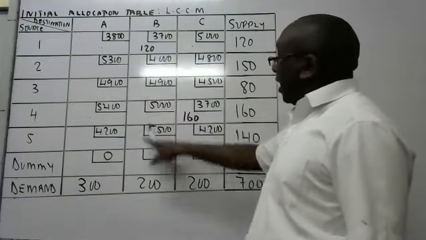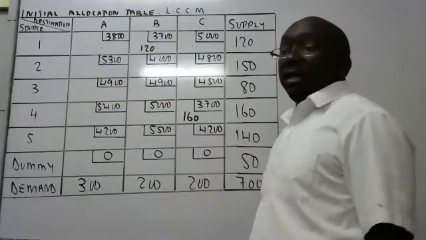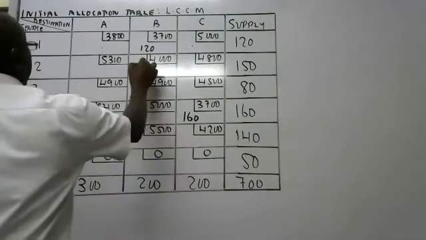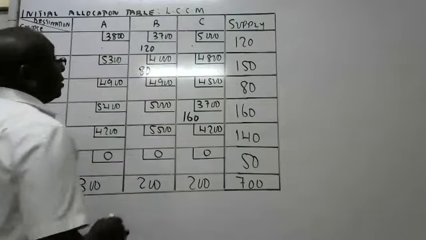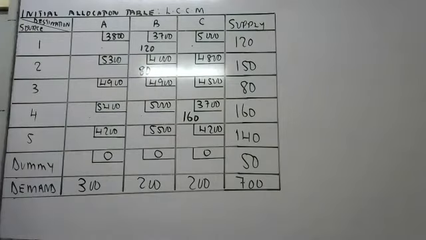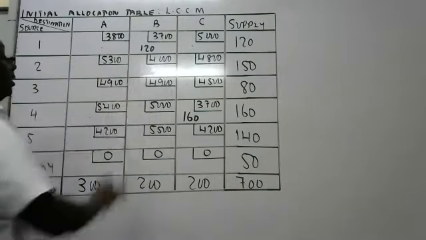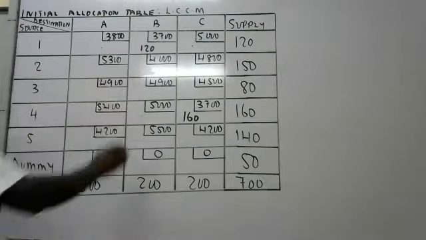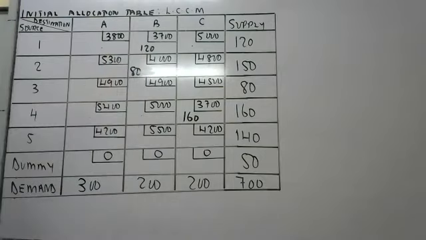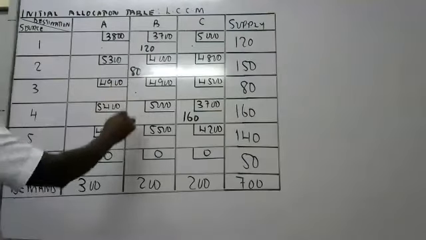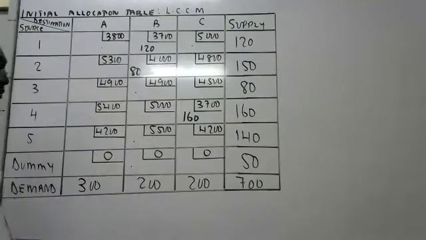Then the unsatisfied is 80. So the smaller is 80. So we put 80 here. And when you put 80 there, the implication is that B is now fully satisfied.